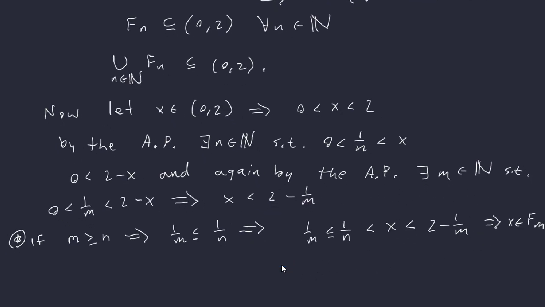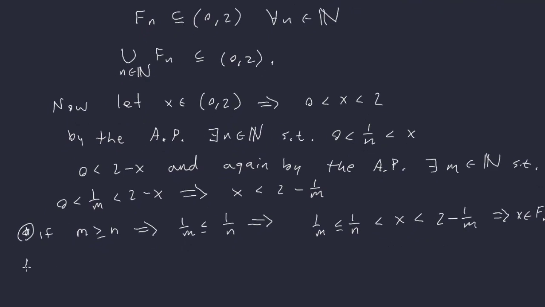The second case, I'll just call star star here. If on the other hand, m is less than or equal to n, this implies that 1 over m is greater than or equal to 1 over n. Okay, which tells me that 1 over n is less than x, which is less than 2 minus 1 over m, and that will be less than or equal to 2 minus 1 over n.